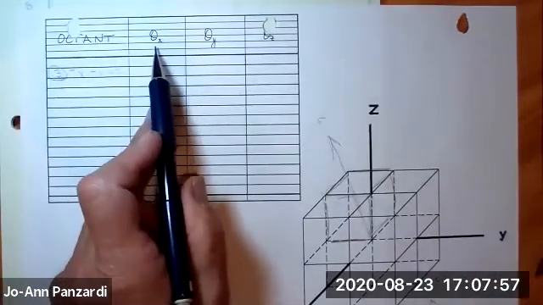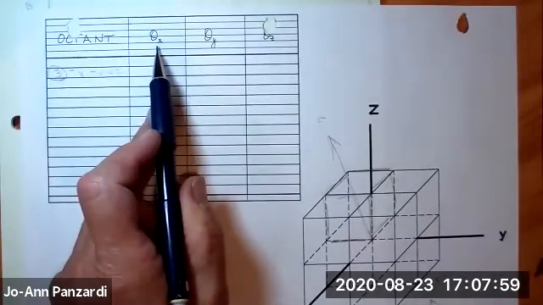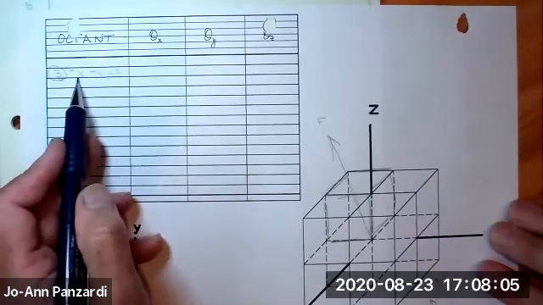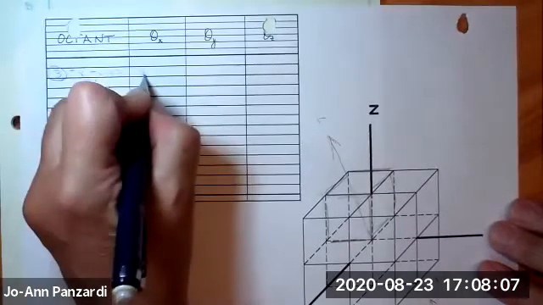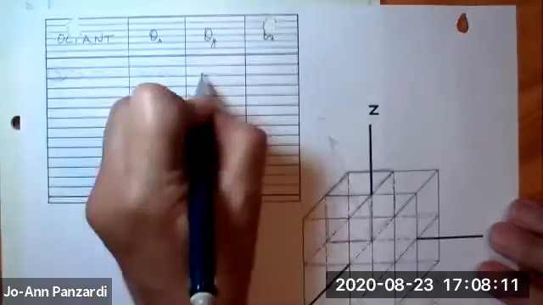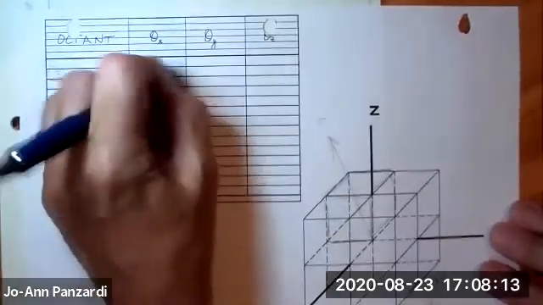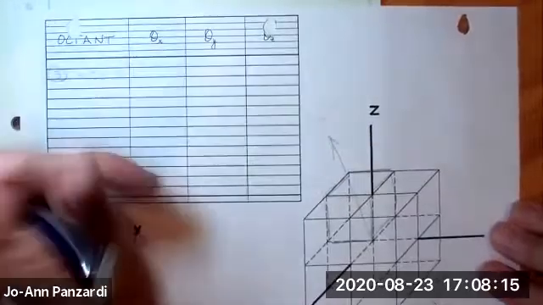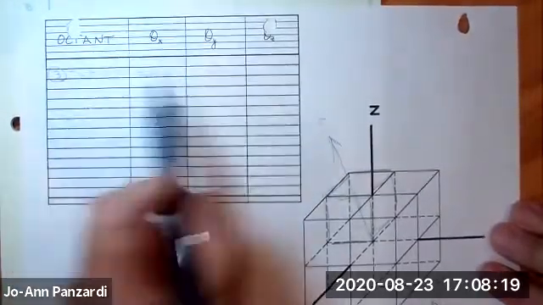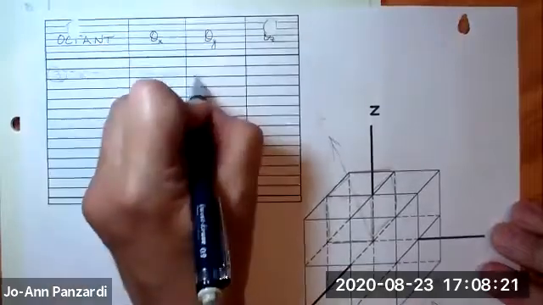So tell me what's going to be happening with our theta X, the direction angle in the X. Because it's a negative X, the angle is going to be obtuse. Theta Y, since it's negative, is going to be obtuse.